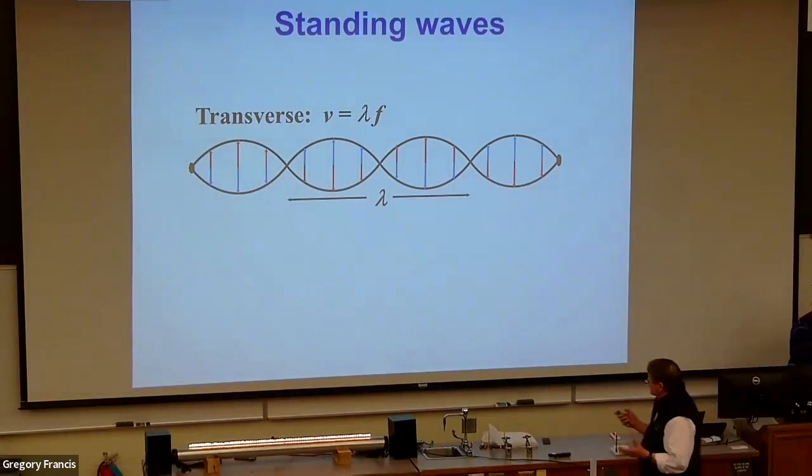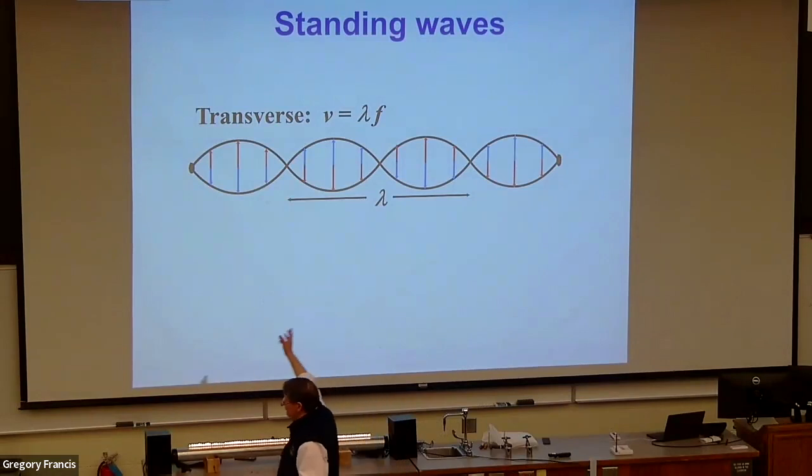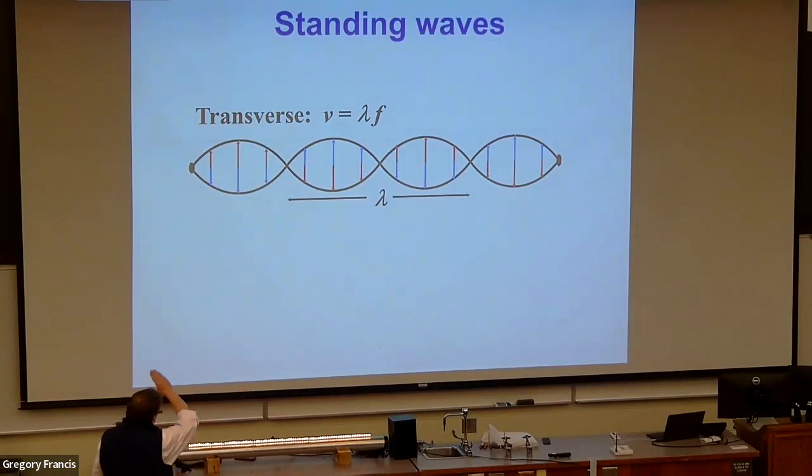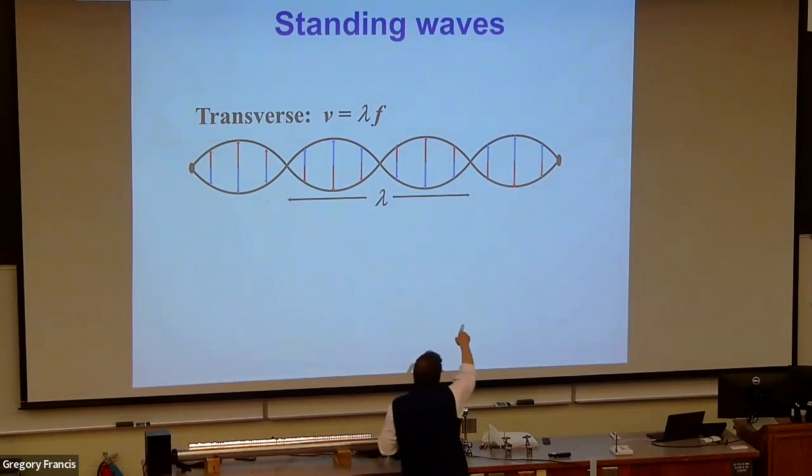Okay. Now, here I need to apologize to you. When we were talking about transverse standing waves, we used this notation here and the football notation. And you see that what we had was a string that was in the shape of those red arrows. This one here was up, and this one was down, and this one was up, and this was down.